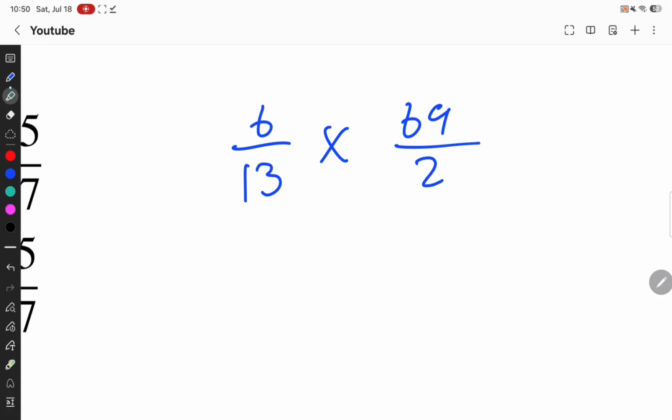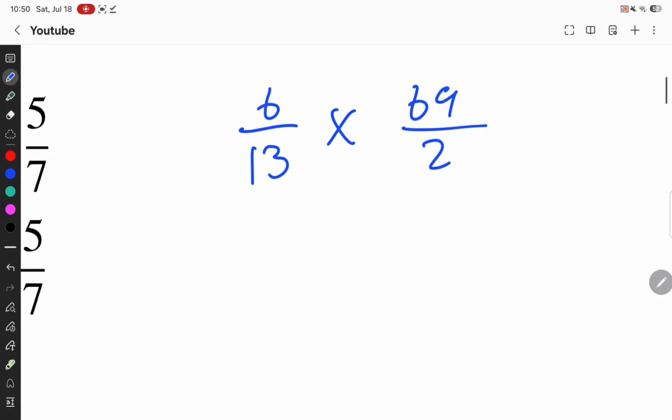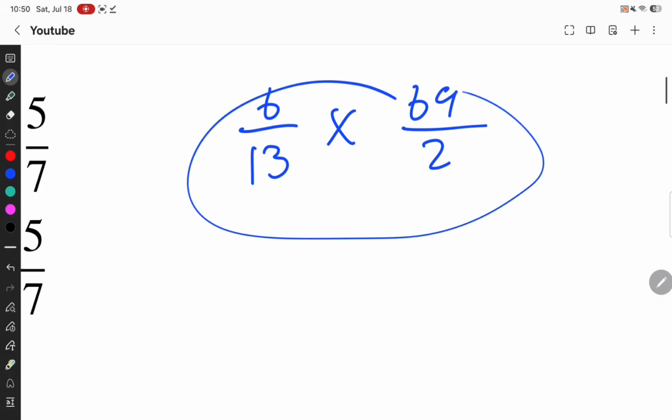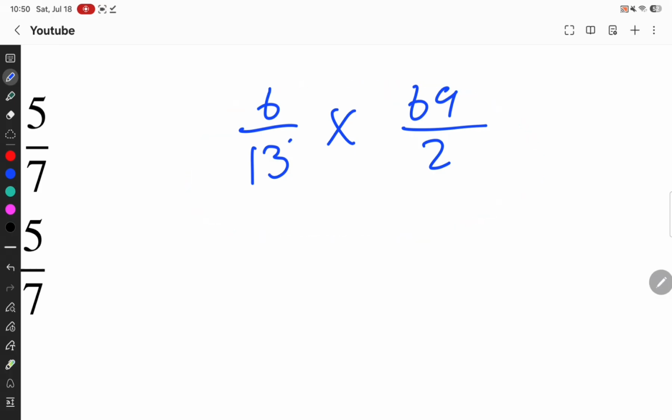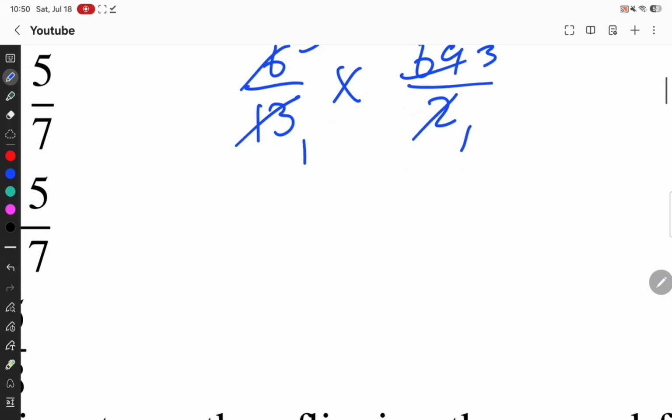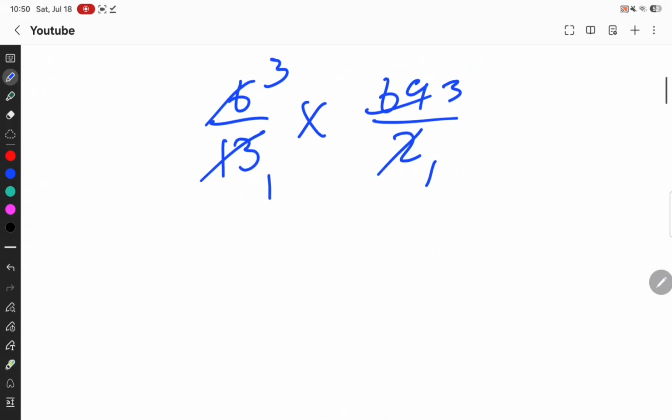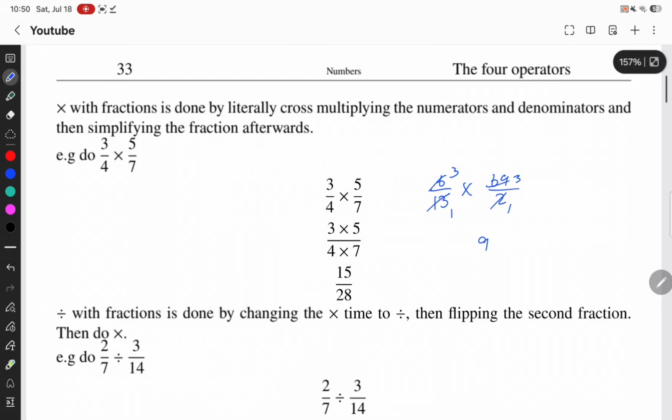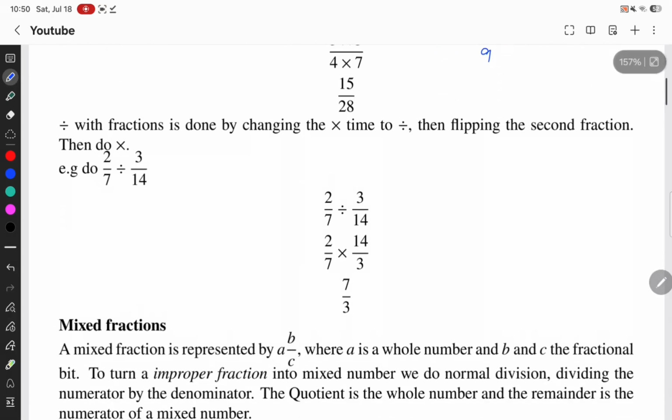We can multiply across. We get a large number on the top and bottom, and we can simplify. Obviously you would have easier numbers to multiply in the non-calculator paper. Here we get 3 times 3 is equal to 9. Done.